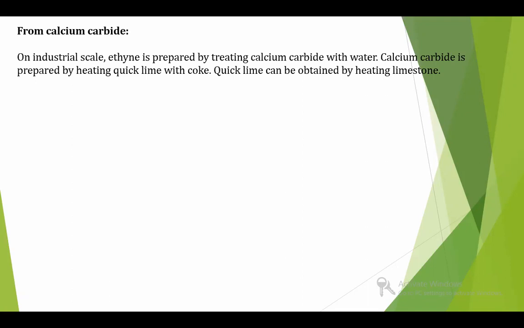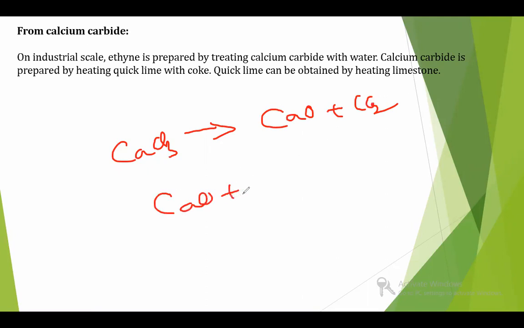So how will it be prepared? I'll write the equation. CaCO3, calcium carbonate, decomposes to form calcium oxide and carbon dioxide. This calcium oxide, CaO, is treated with carbon, which gives CaC2, calcium carbide, with formation of carbon monoxide.